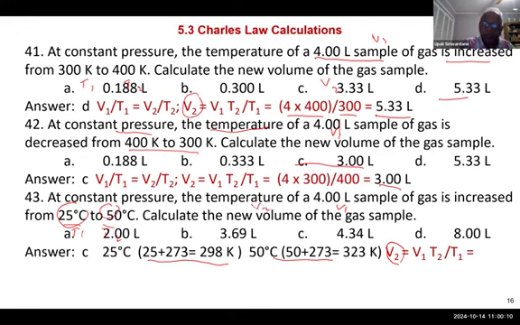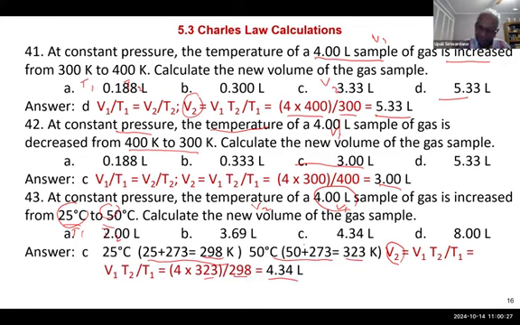So when you plug in these temperature values in here, you get 4 points. That's the C.